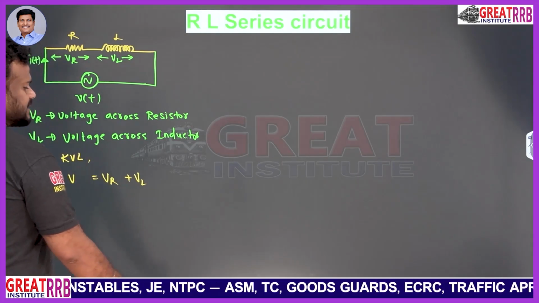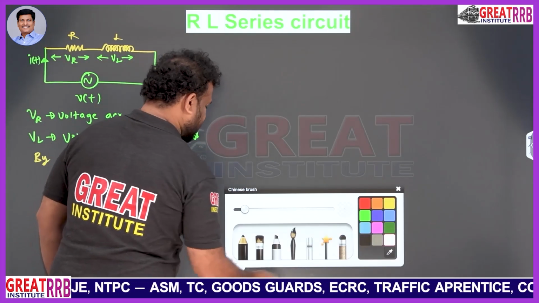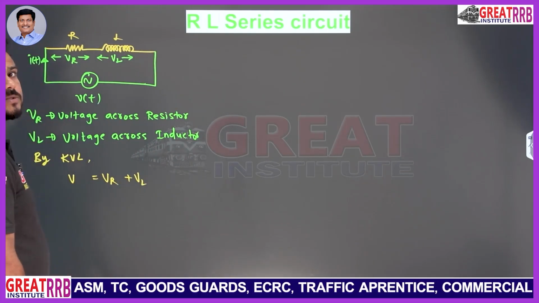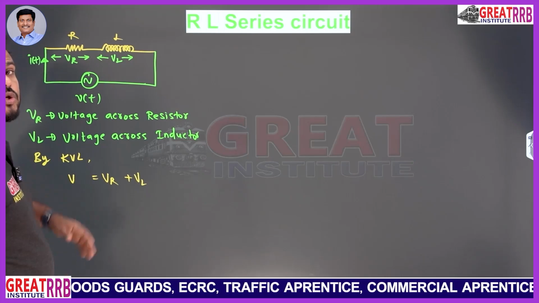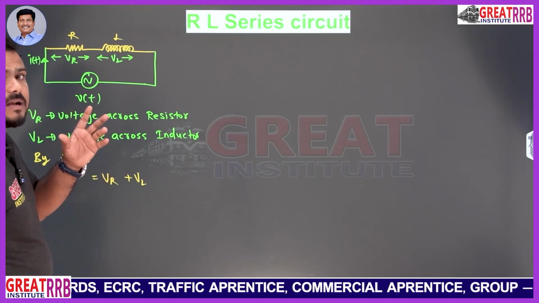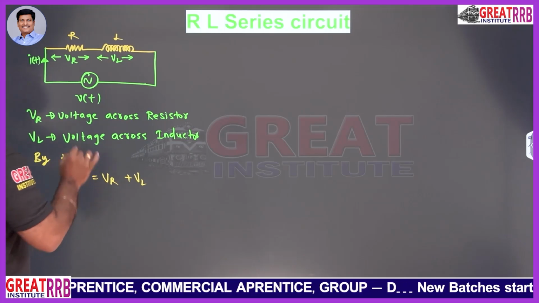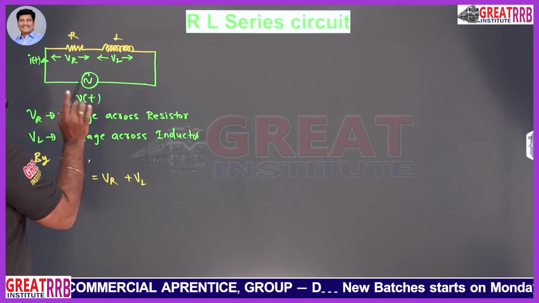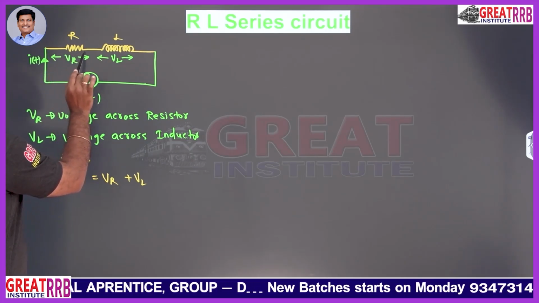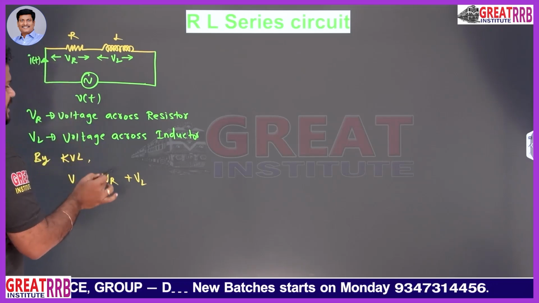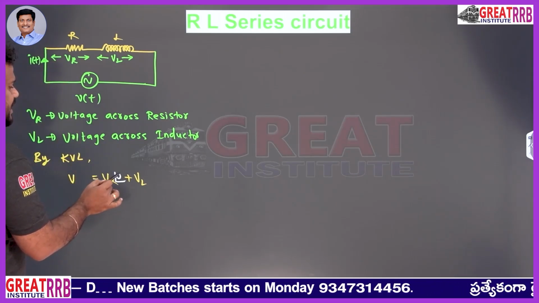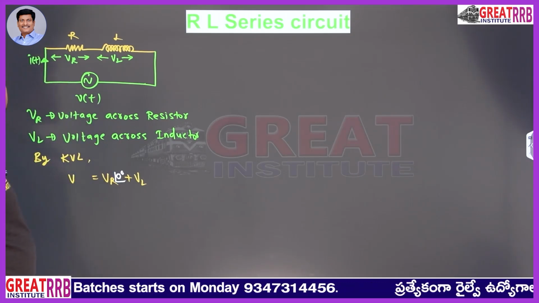But whenever you write an equation for an AC circuit, you should remember the phasor relation between the voltage and current. Just observe here. What is the phase angle between the voltage across the resistor and the current through the resistor? It is 0 degrees.